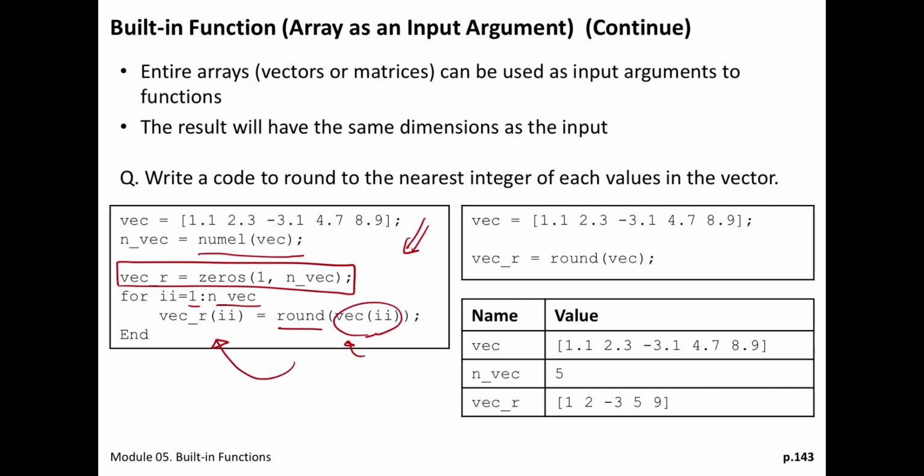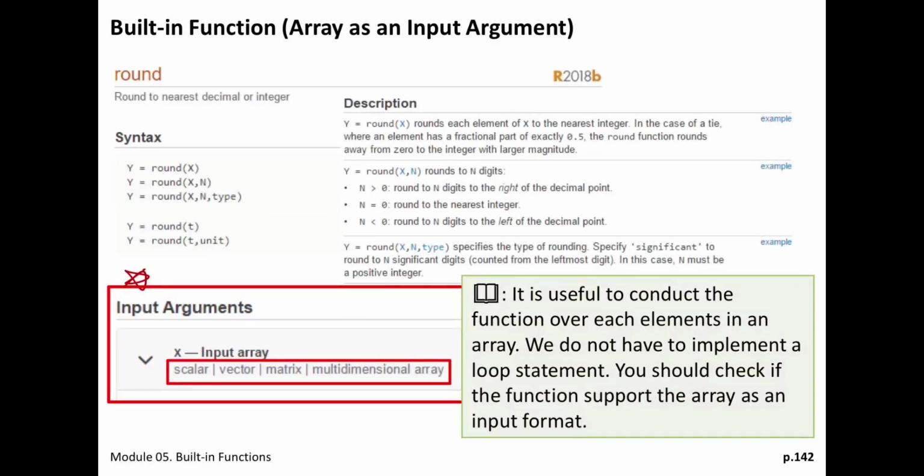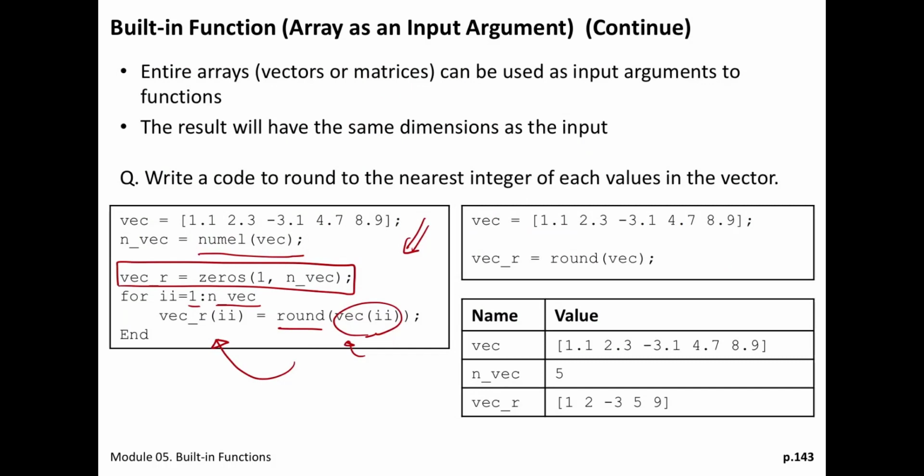However, since the built-in functions support array types, as shown in the previous slide, like vector and matrix, we can simply put this array into the function. Then you will get the same outcome. So like this, you can just put the vector in the round function, and you will get the same outcome.